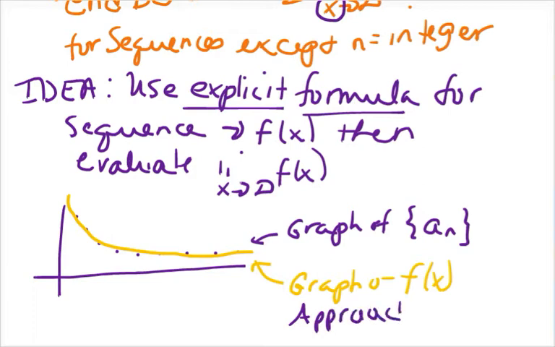So if that approaches a limit, L, this will also approach a limit L, because all those points in the sequence are on the function. So that's why basically we're going to use the explicit formula and take the limit, and then we'll get the limit of the sequence.